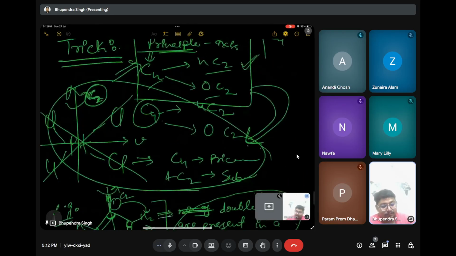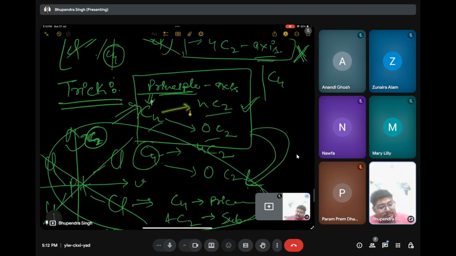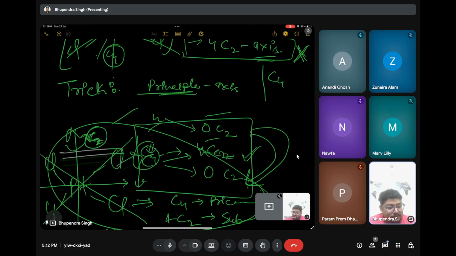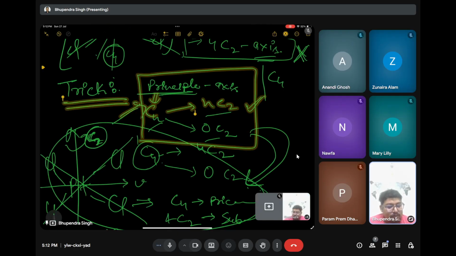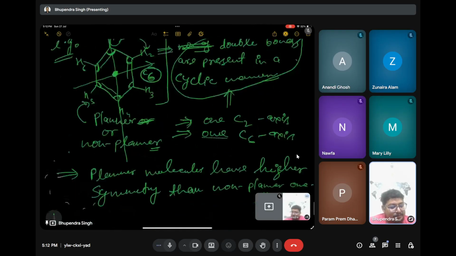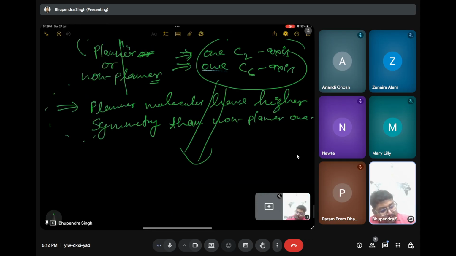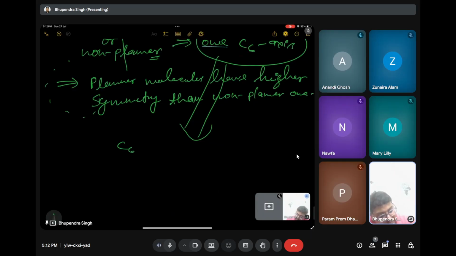From this trick, which I have highlighted in yellow color, you will simply determine that you have one C6 axis and six C2 axes.